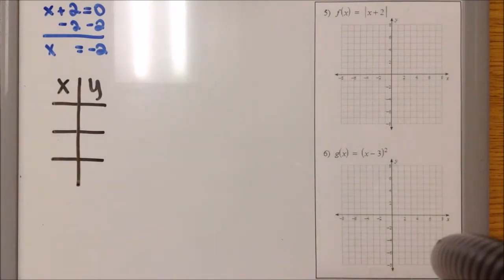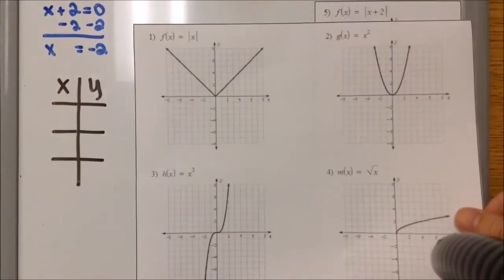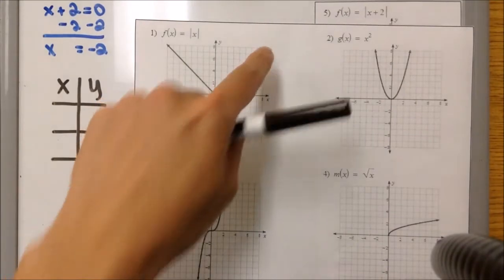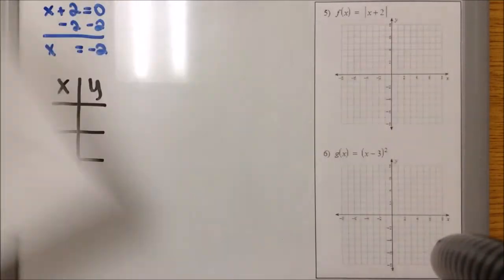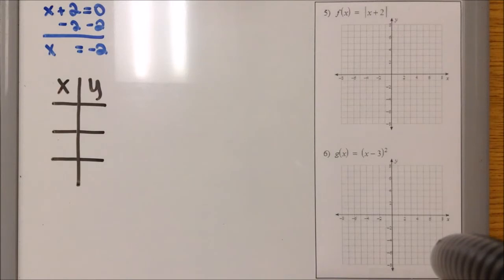Now, if we go back to the parent function of absolute value, we see it's a straight line. So that means we would need at least 3 coordinate points in order to graph. You could do it with 4, you could do it with 5, but we only need 3.